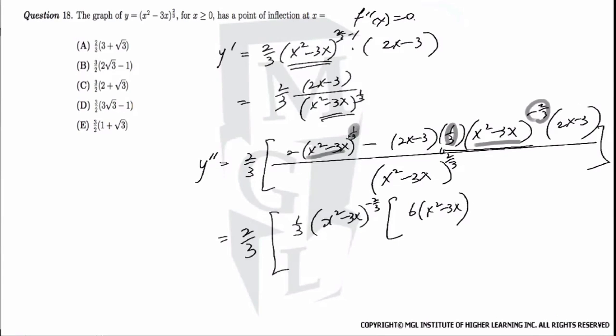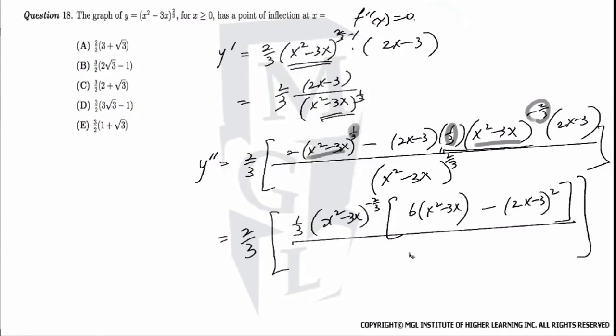This 1/3 becomes power of 1, minus 2x minus 3 squared, all over that. Now, because of the negative exponent, this can come under, and 1 over 3 can be just multiplication of 3 at the bottom.